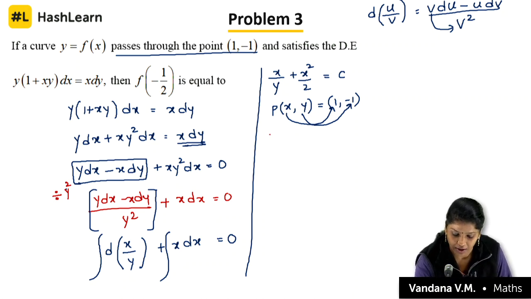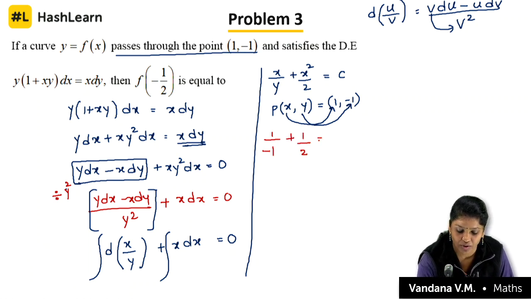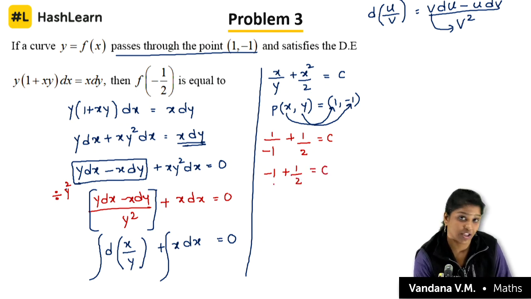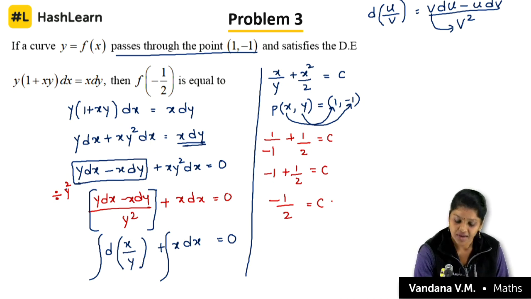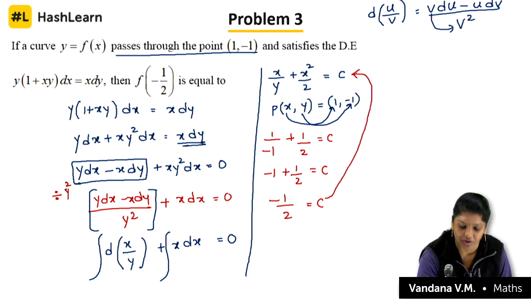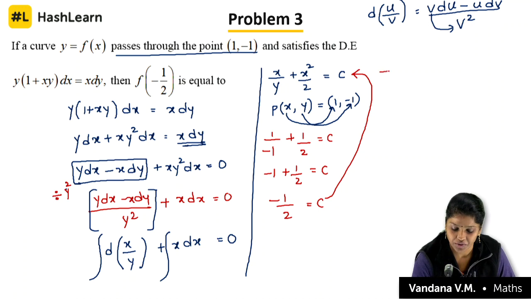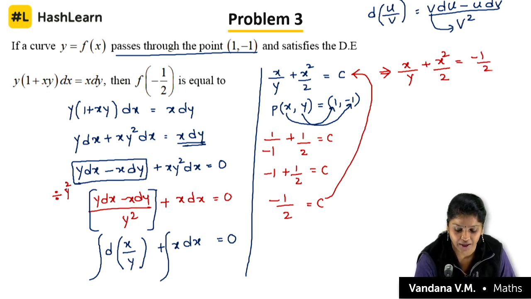What will I get? 1 divided by −1, plus 1 square is 1, by 2, is c. −1 + 1/2 is c. So −1/2 is the c value. Substitute in the given general solution: x/y + x²/2 = −1/2.